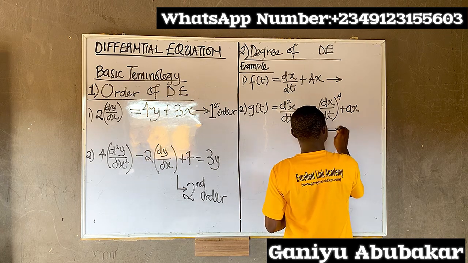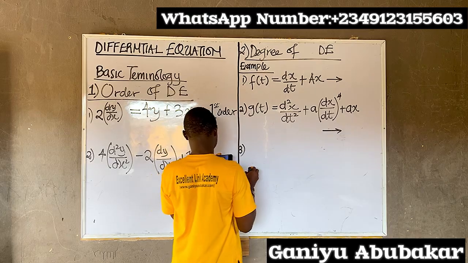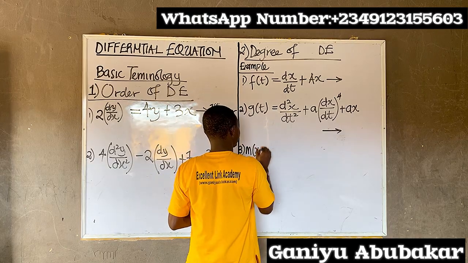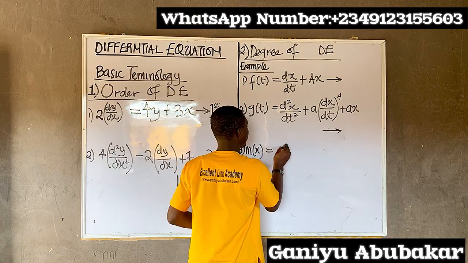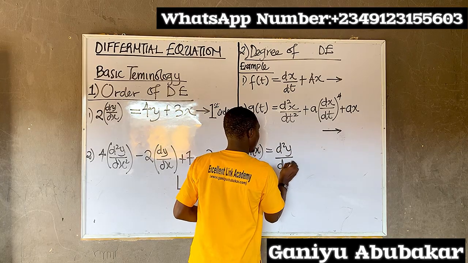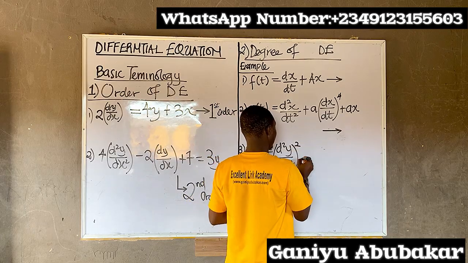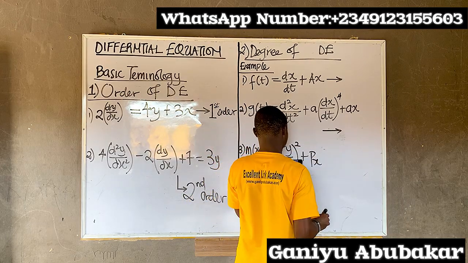All right, I have this, right? Number 3, I have m of x equal to d squared y over dx squared plus px.